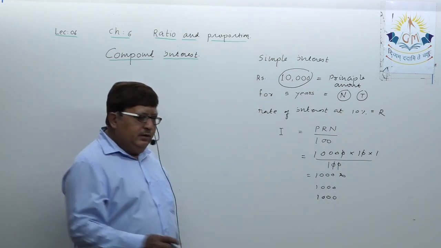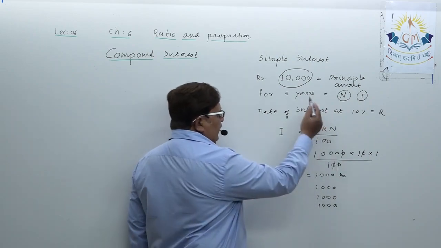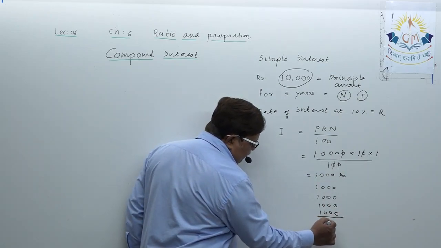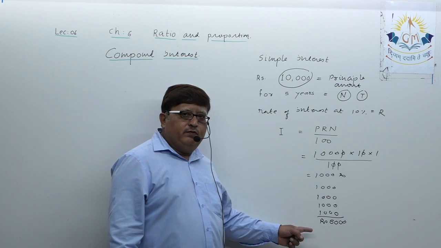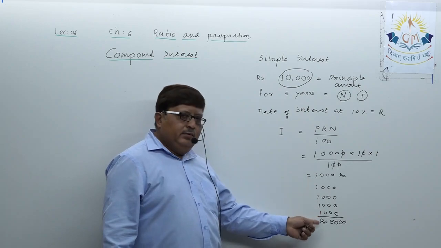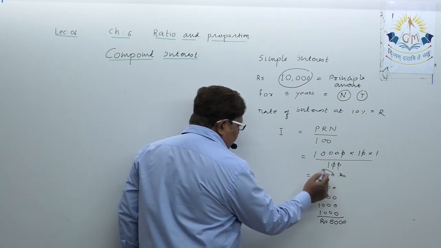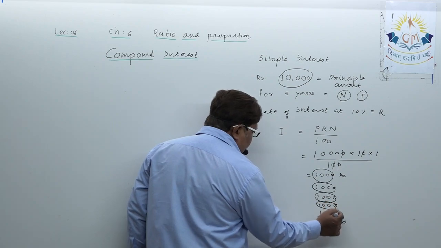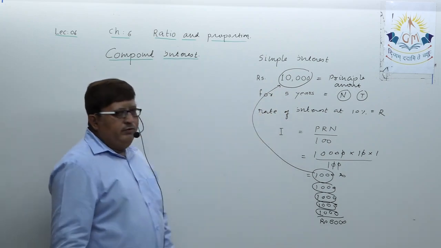Fourth year again interest is counted on 10,000, so again 1000, and at the end of the fifth year again 1000, so total interest turns out to be rupees 5,000. So you know that at the end of 5 years you have to pay back how much amount? 10,000 plus 5,000. Here my dear student, every year interest remains the same because principal remains the same.